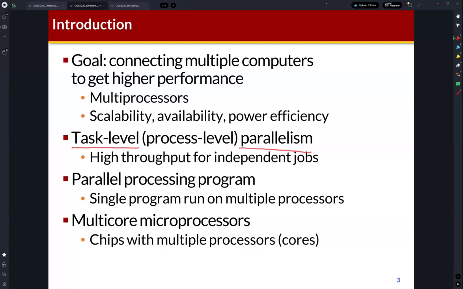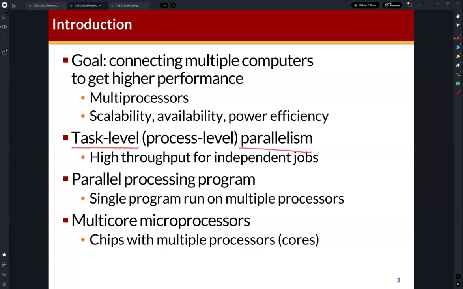But when we write matrix multiplication code, we can also generate multi-threaded applications. Which means that the matrices are partitioned into multiple submatrices, and each thread computes the multiplication of the submatrices, right?